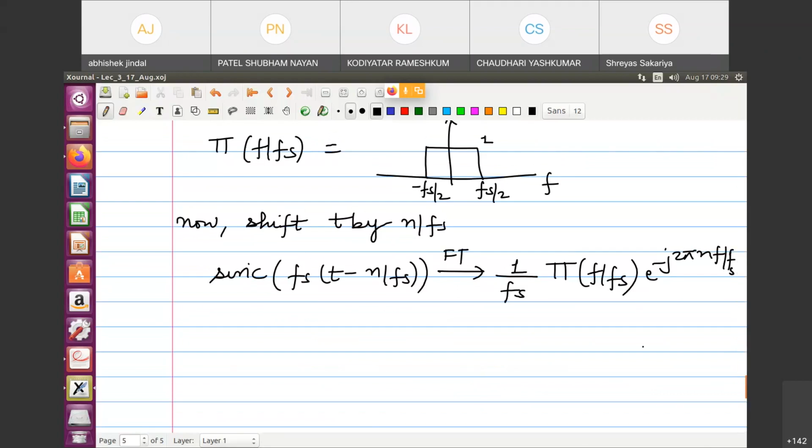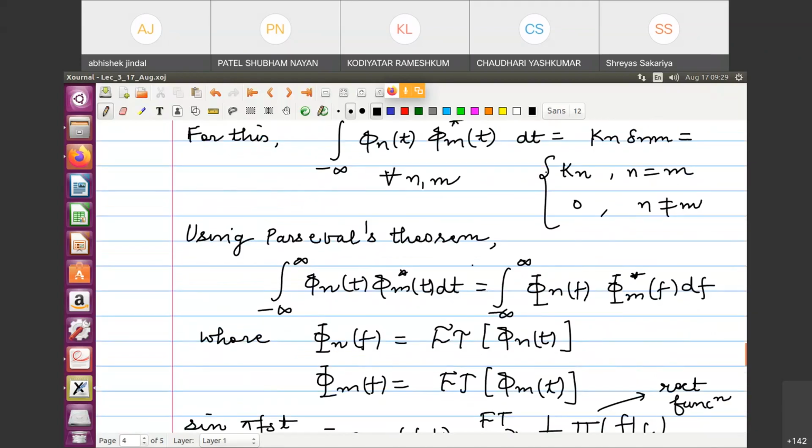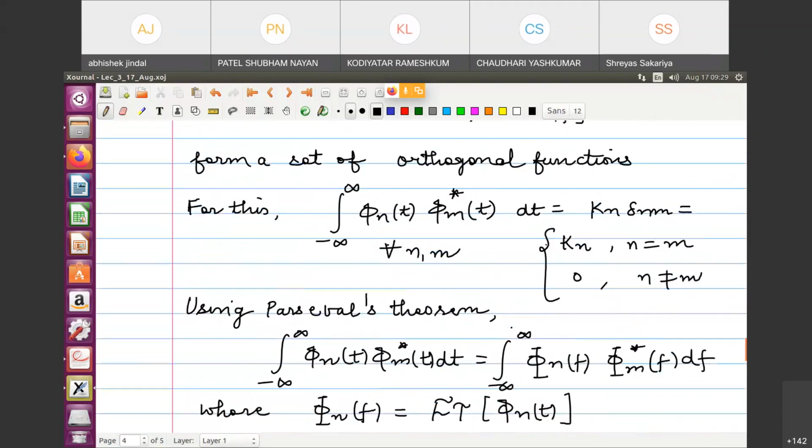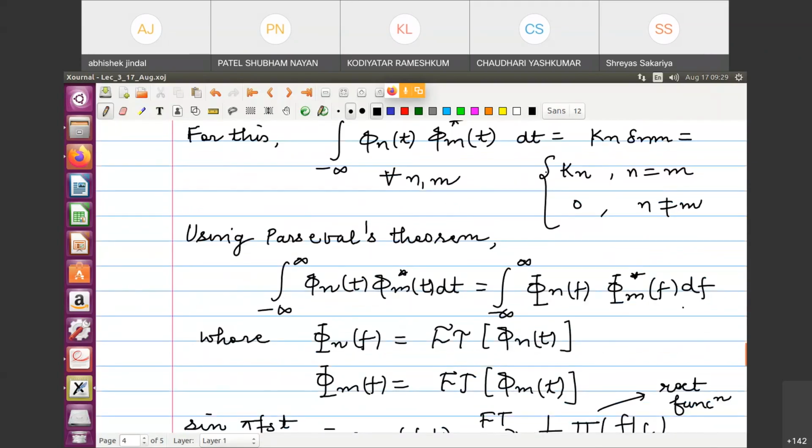Now with this as the case, let us evaluate this integration. We know what phi n(f) will be and everything. Let me give the number as 9.